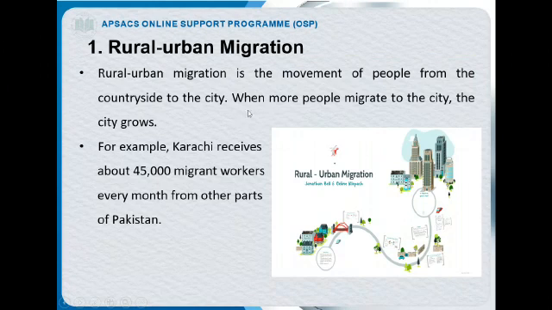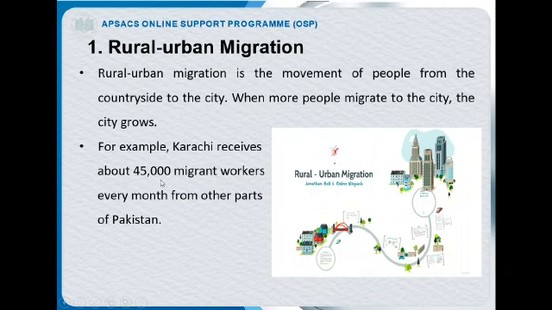When people from rural areas or villages move towards urbanized areas like cities or towns, this is known as rural-urban migration. For example, Karachi, which is an urbanized city, receives about 45,000 migrant workers every month from other parts of Pakistan.